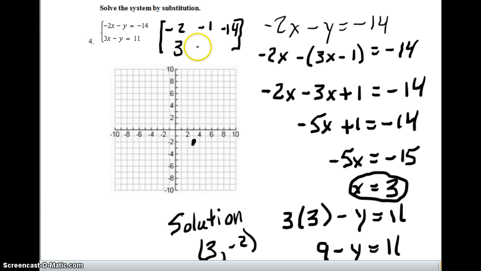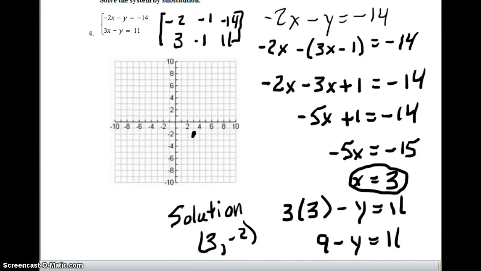We would have used our row reference, our rref, found out our solution that way. Take a better look at that in the next problem.